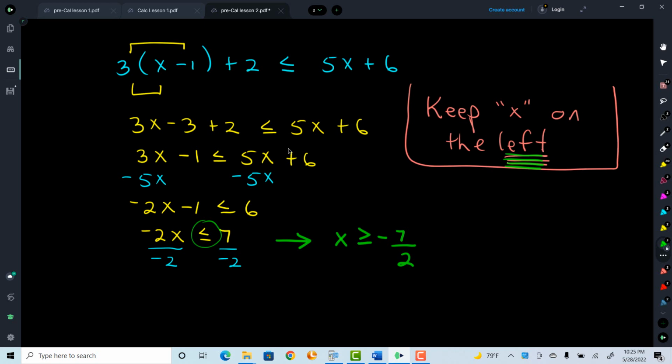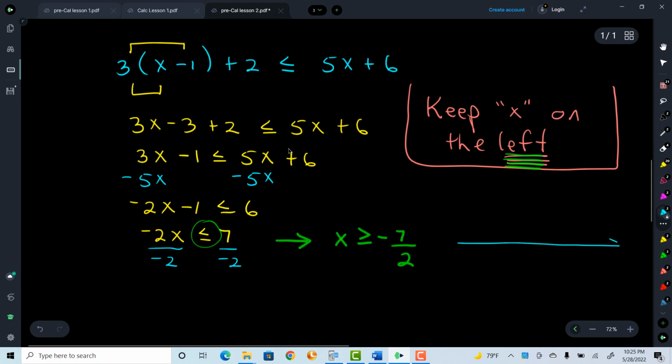Okay. Now with inequalities, we're going to graph our solution on a number line. So we're going to draw a number line. We're going to put a 0 on there. I'm going to use that kind of as our reference. And then we're going to put where the solution is, negative 7/2.